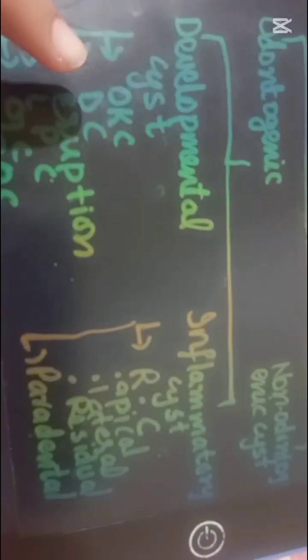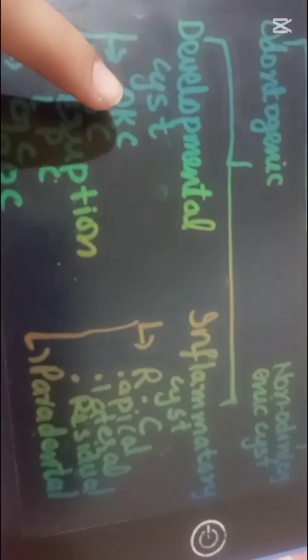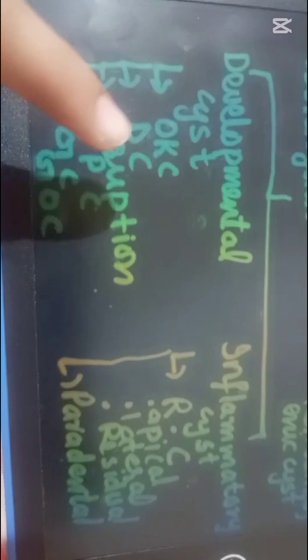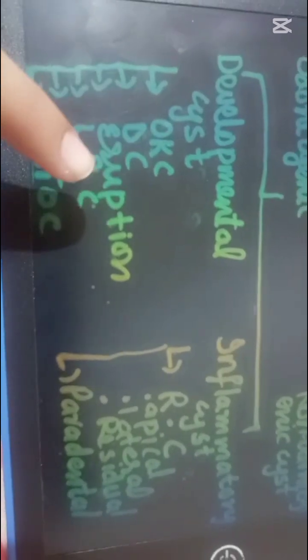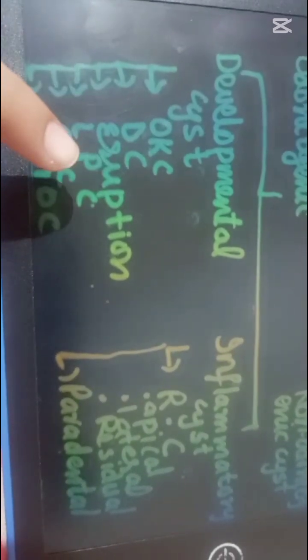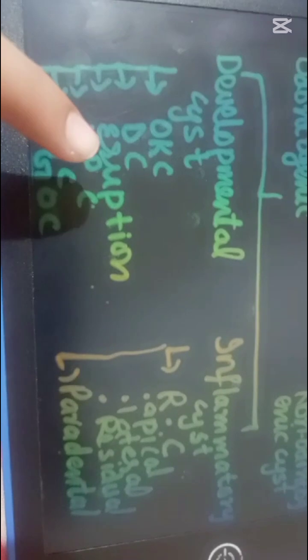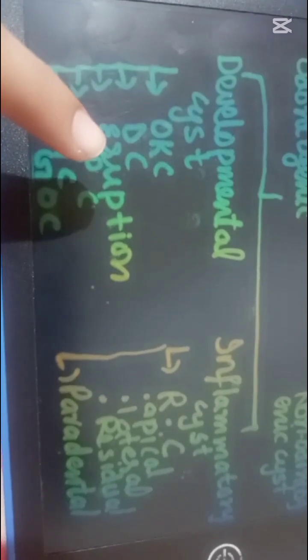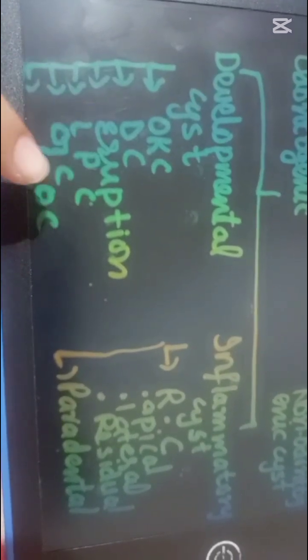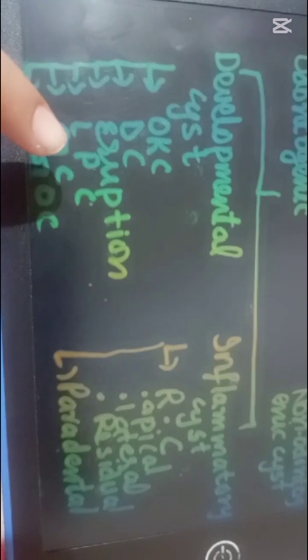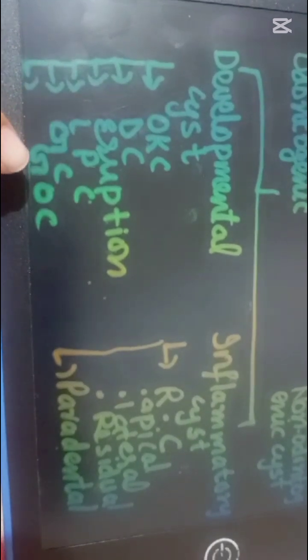In developmental cysts we have odontogenic keratocyst, dentigerous cyst, eruption cyst, lateral periodontal cyst, gingival cyst, and glandular odontogenic cyst. In the inflammatory cyst, we have the radicular cyst. In radicular cyst, further we have three types: apical, lateral, and residual.